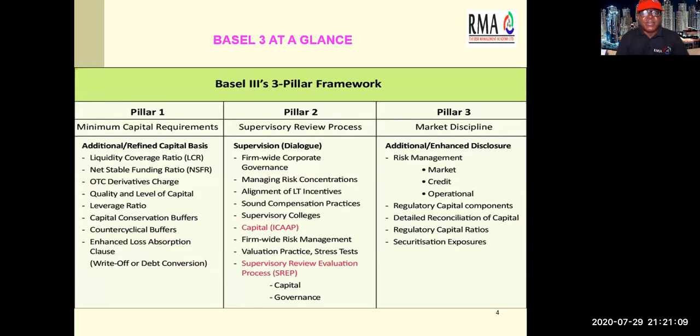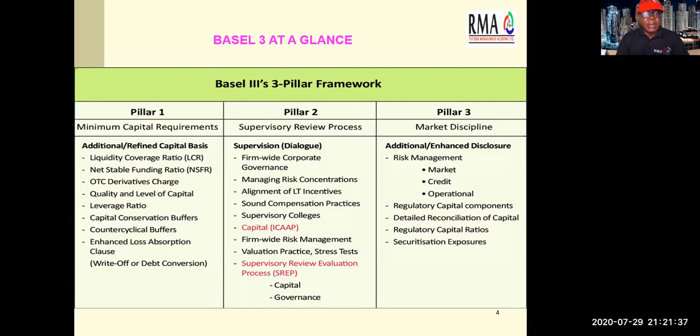But don't forget, we are focusing mainly on the issue of liquidity optimization. And so our attention should really focus on what is happening under Pillar 1, which is the minimum capital requirements. You will find there that there are additional refined capital bases. You find that liquidity coverage ratio and net stable funding ratio are extremely new additions to the Basel Accord.